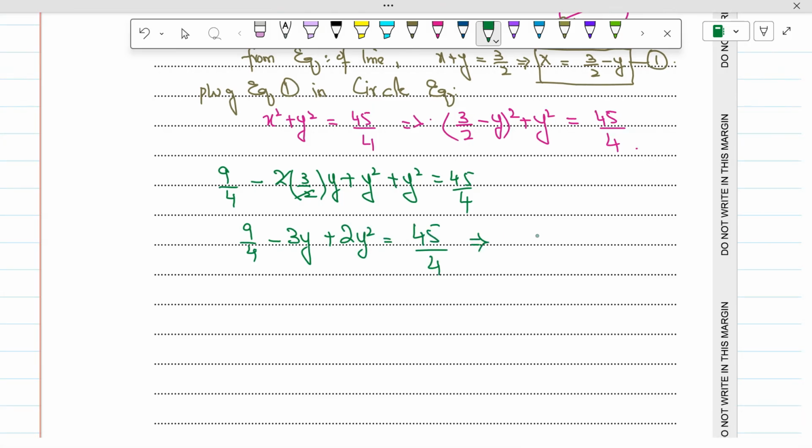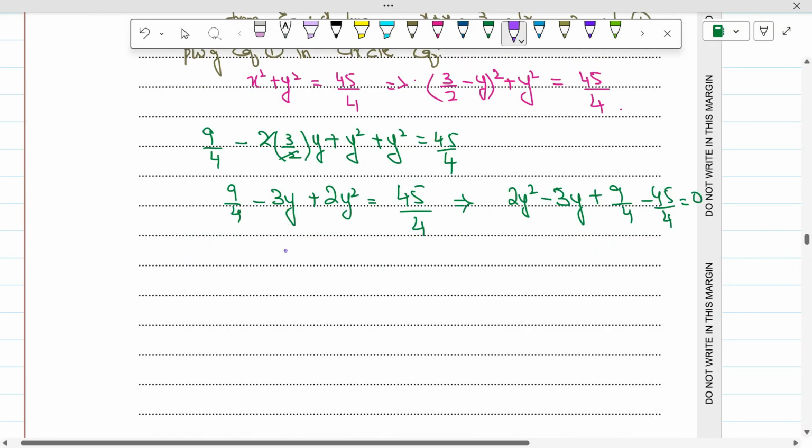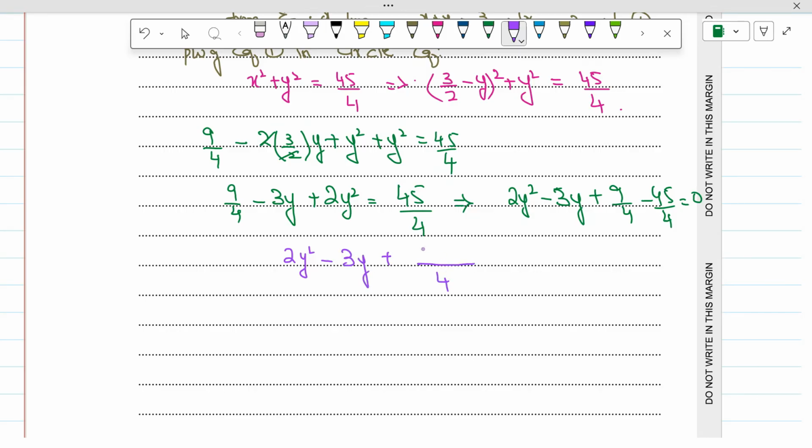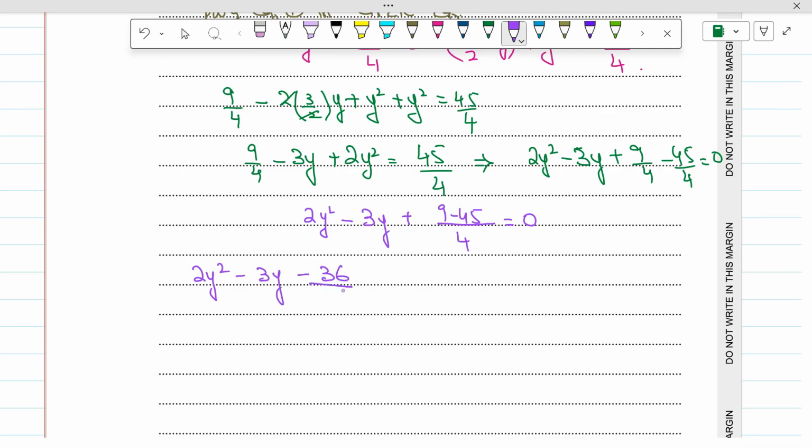Further solving, 2y squared minus 3y plus 9 over 4 minus 45 over 4 equals 0. So 2y squared minus 3y, plus 9 minus 45 over 4, equals 0, which is 2y squared minus 3y minus 36 over 4, which is 9, so 2y squared minus 3y minus 9 equals 0.